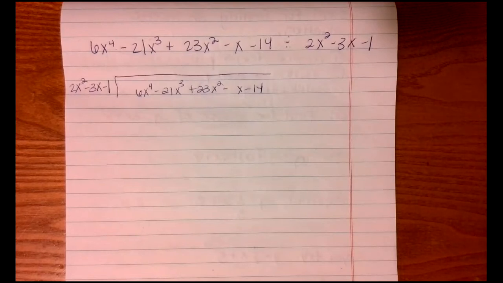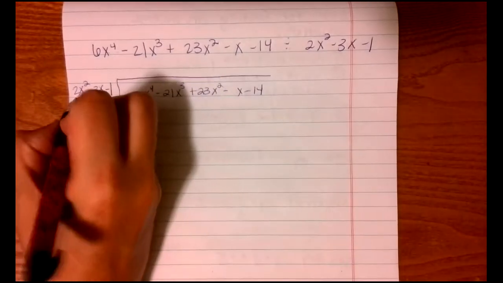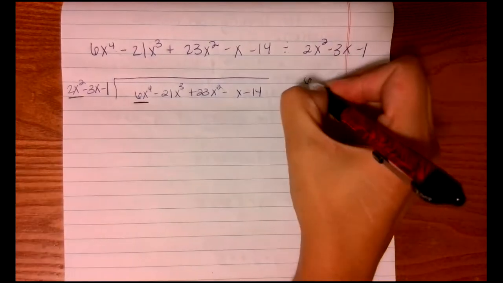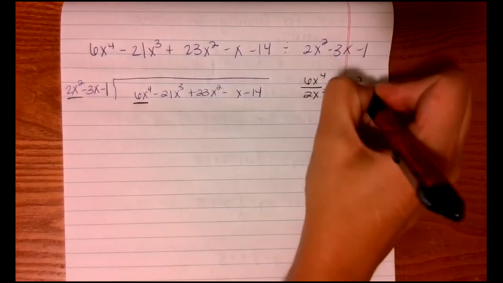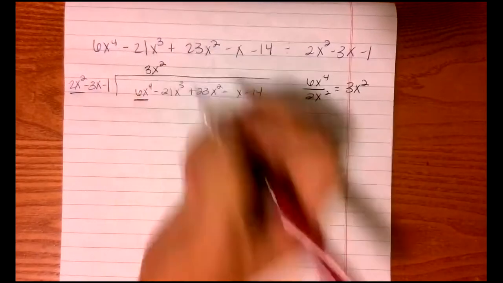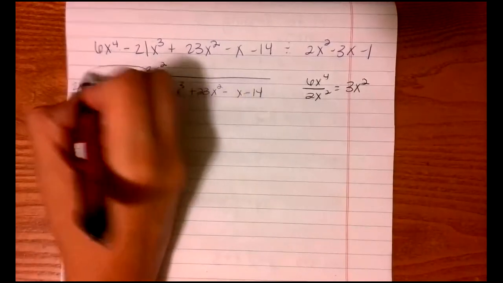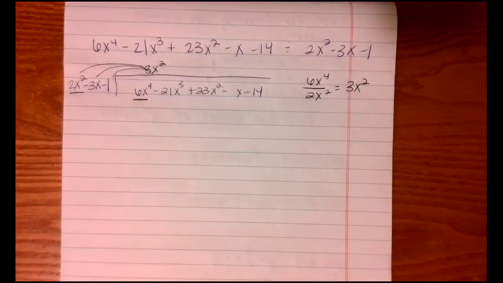We are going to, like always, start with the first term of the dividend divided by the first term of the divisor. So 6x to the fourth divided by 2x squared is 3x squared. And then you want to make sure that you multiply 3x squared by every term in the divisor, which is 3 terms this time.